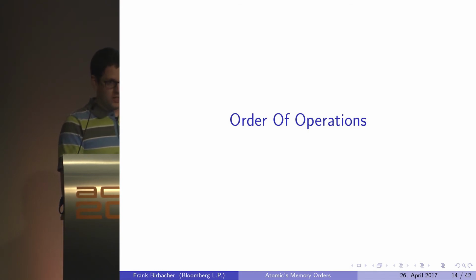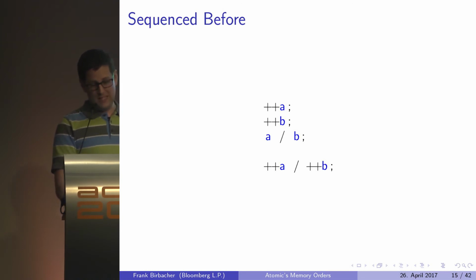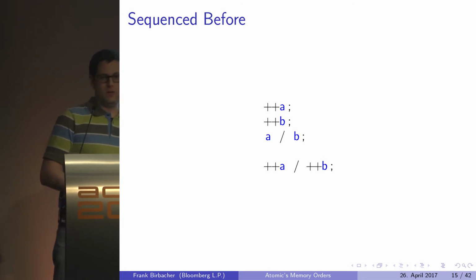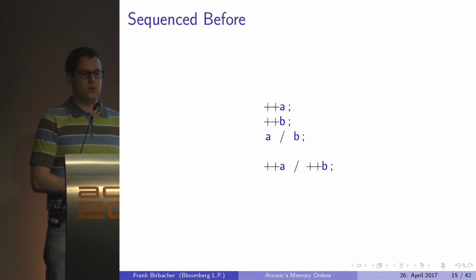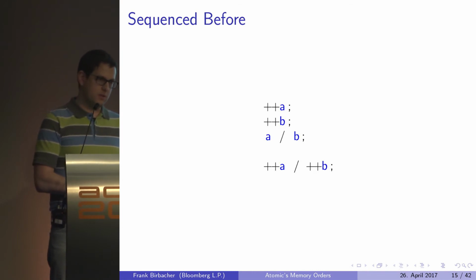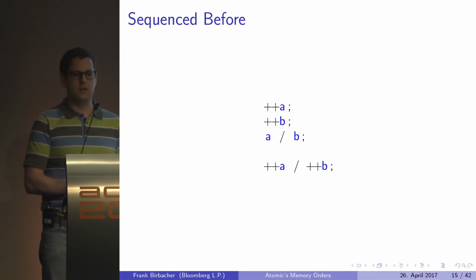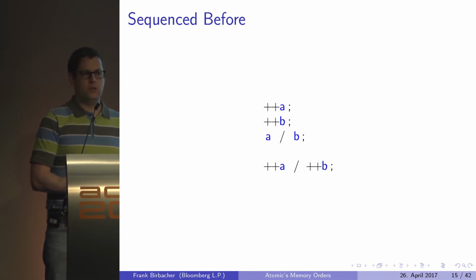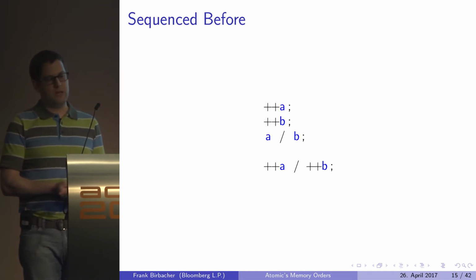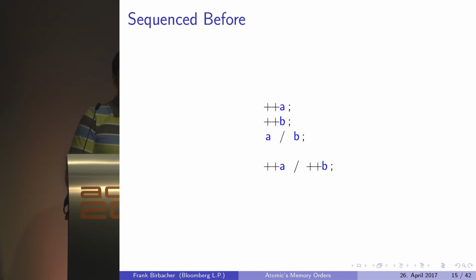So how do we instruct a compiler that certain things should go in order? If we look at a single thread executing either of these sequences of statements and look at the standard, then we should come up with: okay, I'm incrementing A and then I'm incrementing B, or I do it all in the same instruction. Where's the difference?